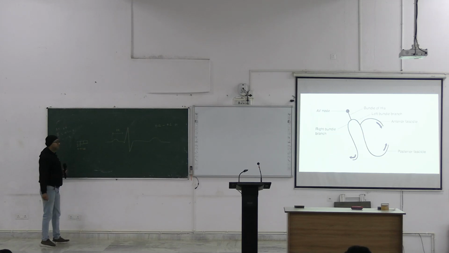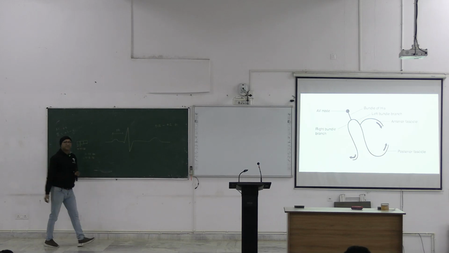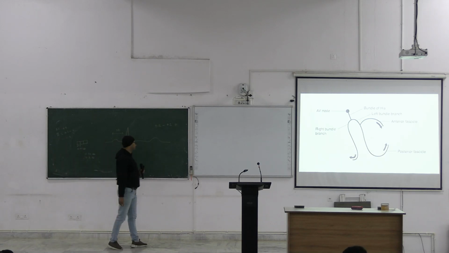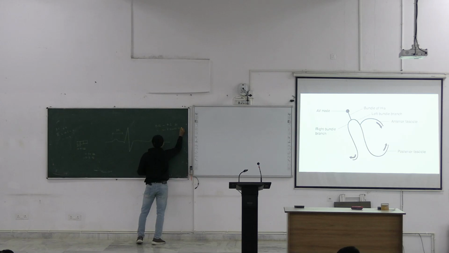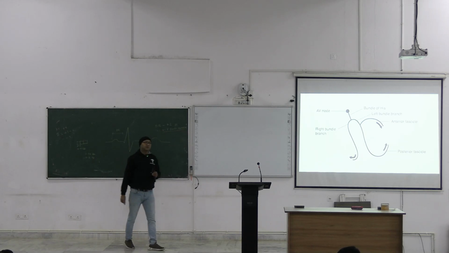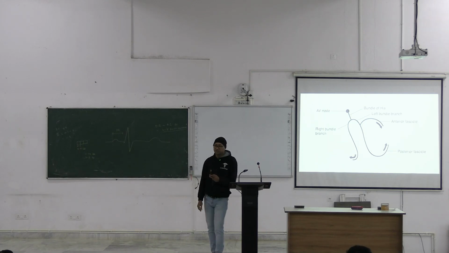Okay, so 3 small squares is equal to 0.12 second. Okay, and 5 small squares is equal to 0.2 second, right? So that essentially means PR interval should be 3 to 5 small squares. Clear? PR interval should be 3 to 5 small squares.